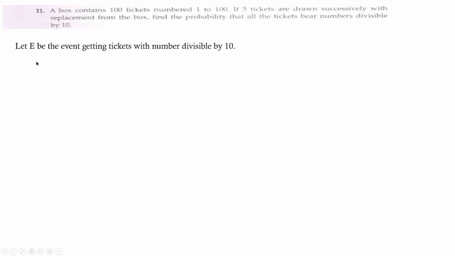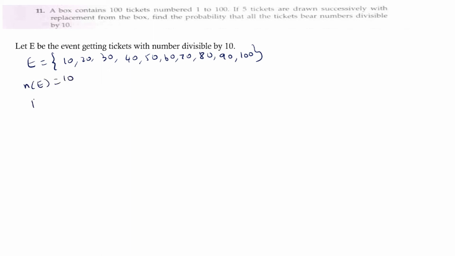So let E be the event of getting a ticket with a number divisible by 10. The outcomes favorable to E are 10, 20, 30, 40, 50, 60, 70, 80, 90 and 100. So N of E equals 10. So probability of E equals 10 by 100, which is 1 by 10.